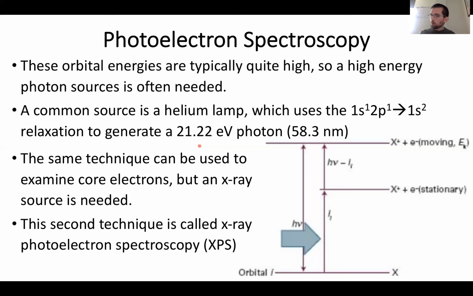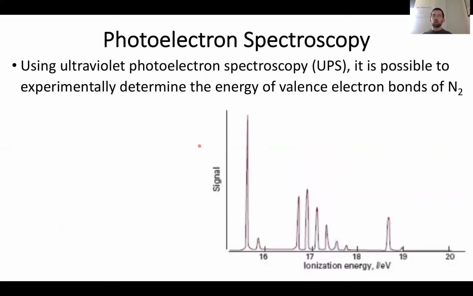But because what we're mostly caring about now is those bonding and anti-bonding orbitals, let's take a step back to using helium to shoot high energy light at a molecule. One of the classic versions of this is I'm going to use my helium lamp, which gives us what's called ultraviolet photoelectron spectroscopy, because that photon is in the ultraviolet range.